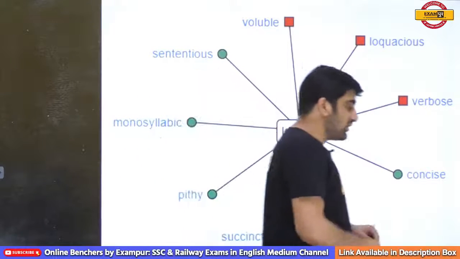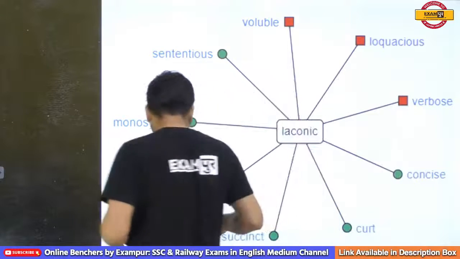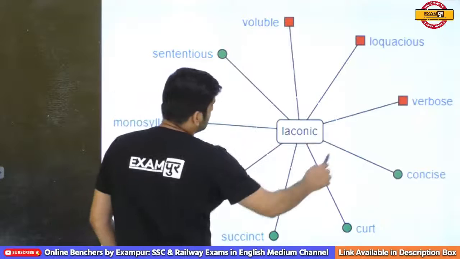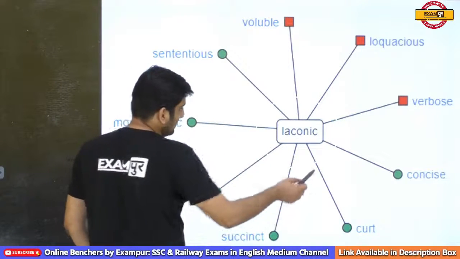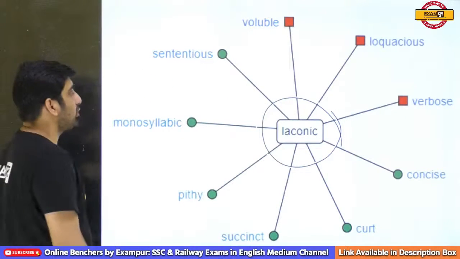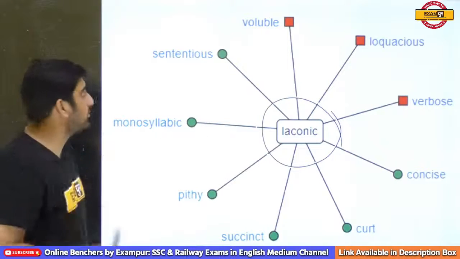And now you can see what I'm trying to say. The very first word that we are discussing in this class is laconic. Laconic basically means to speak less, to use a few words only. So laconic means short, very short statements.